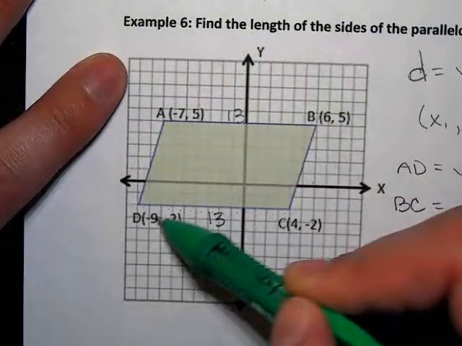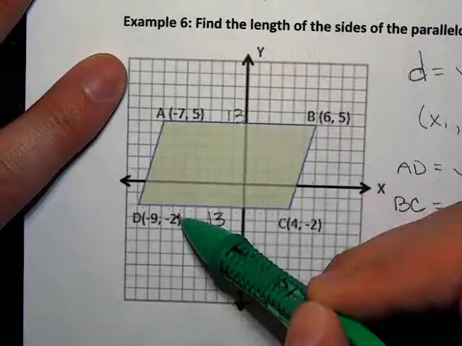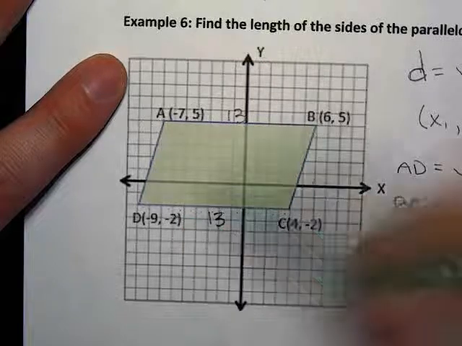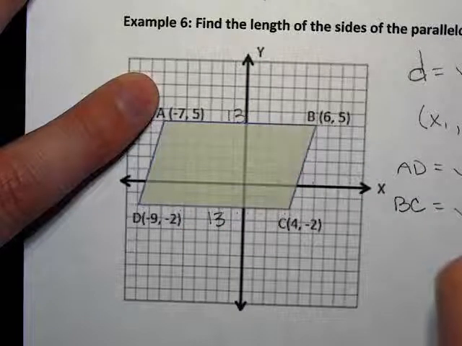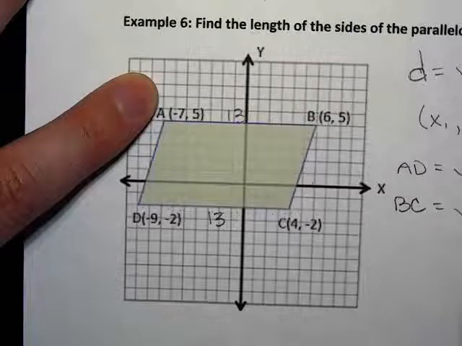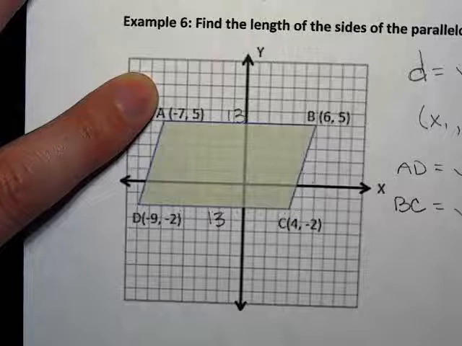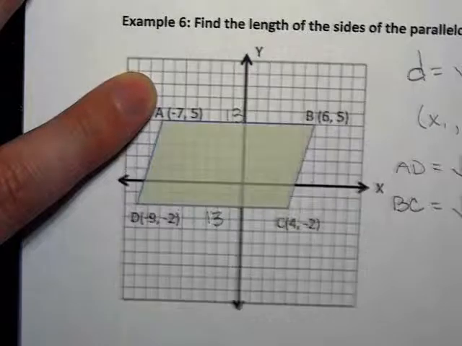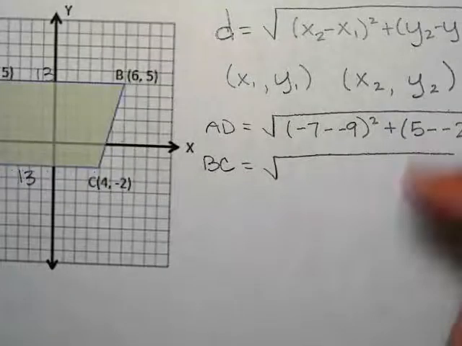Okay, so I'm going to say -7 minus -9 squared plus 5 minus -2 squared.